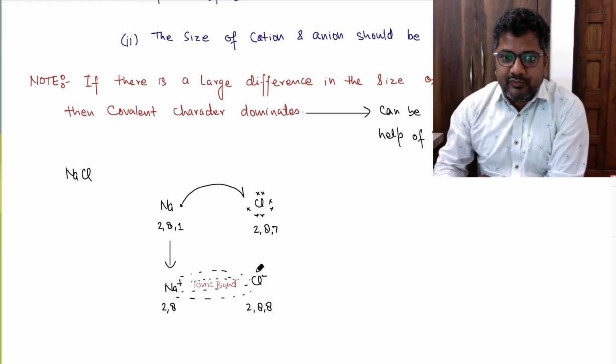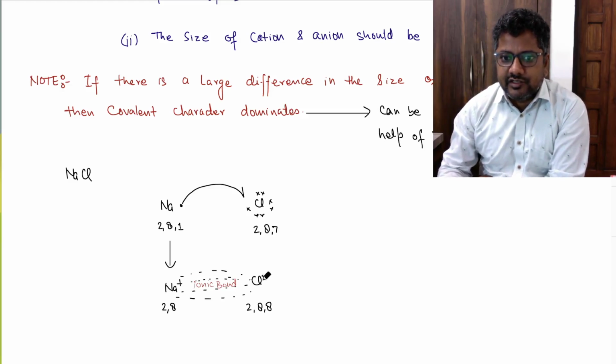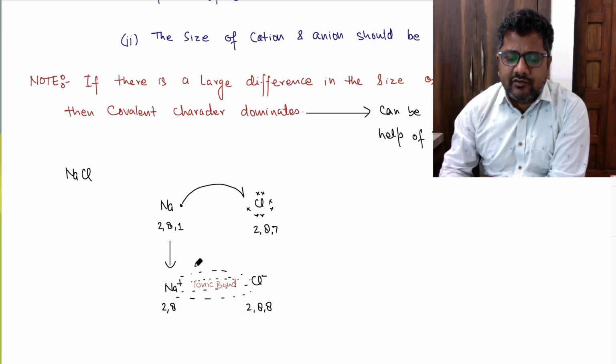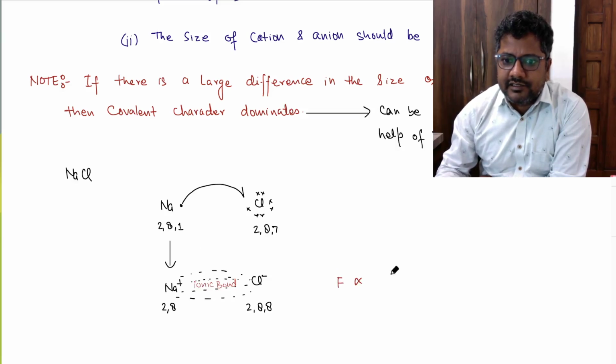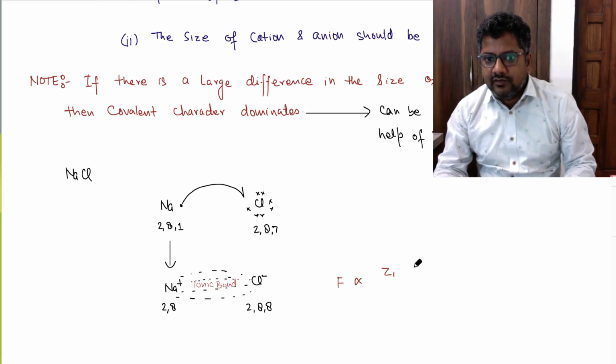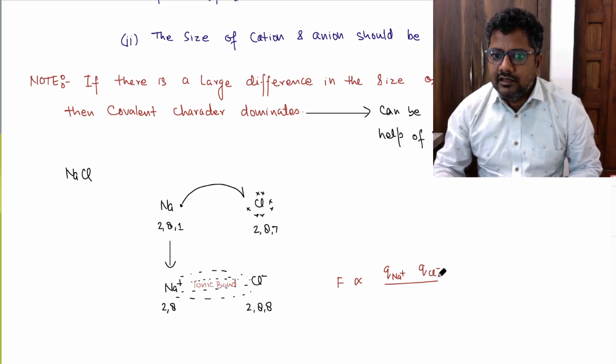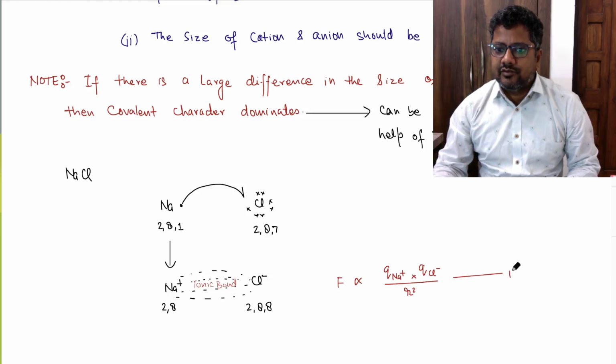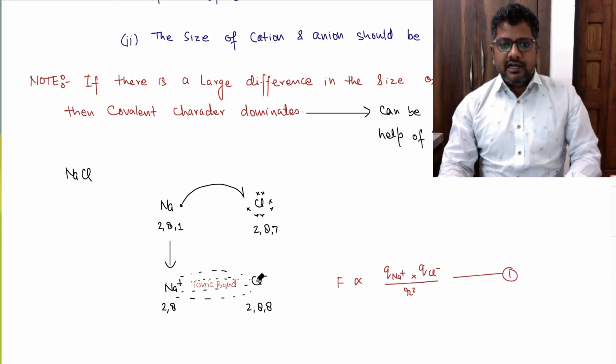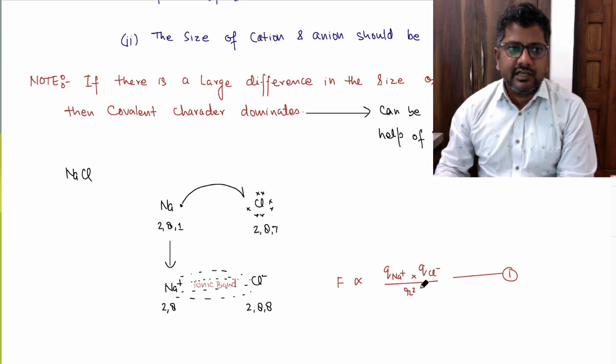So this is a point charge and we can consider electric charge. Suppose we put this chloride here on the y-axis or on the z-axis or anywhere around this sodium, the force of attraction is the same, and this force of attraction you can write: F is directly proportional to Q of Na plus into Q of Cl minus by R square, right?